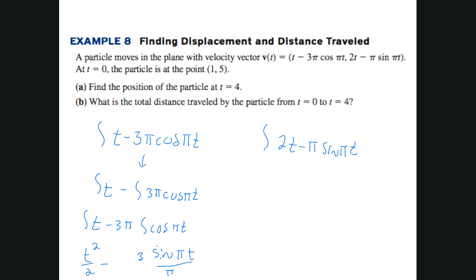So those pi's are going to cross off. So I think the value is t squared over 2 minus 3 sine of pi t, from 0 to 4, or at t is equal to 4.